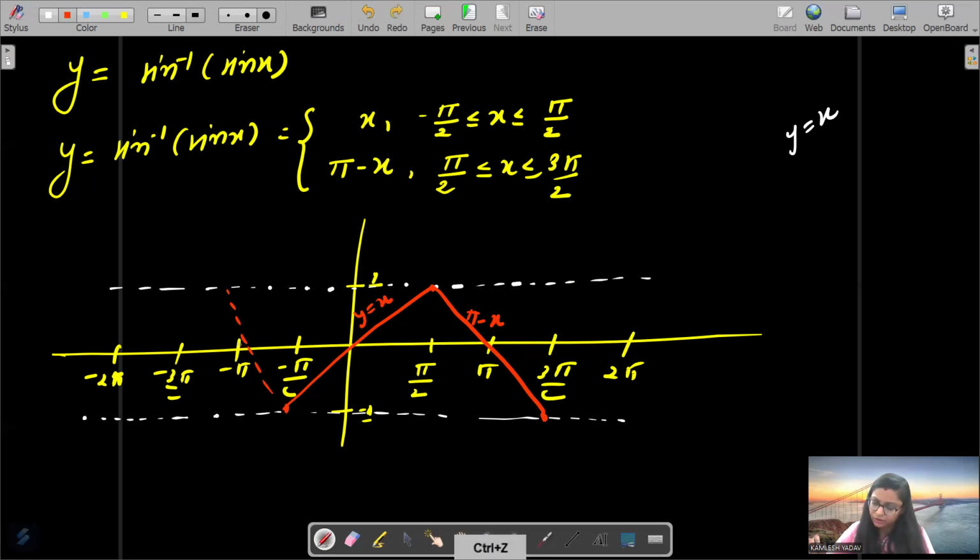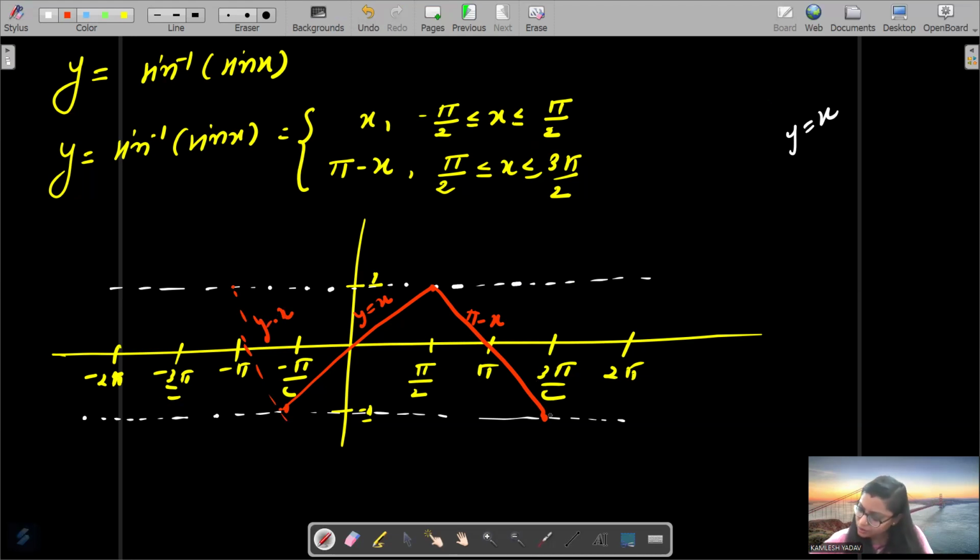No, that was actually wrong. See, it meets at this point, then yes. Then this point, actually, which is y is equal to minus x, is correct.